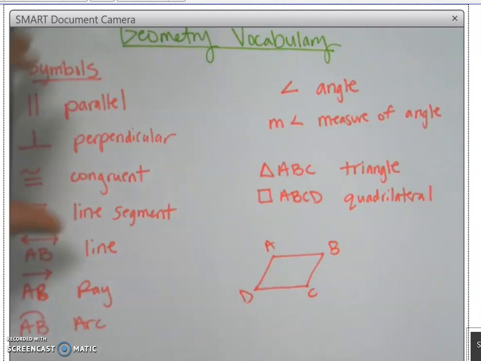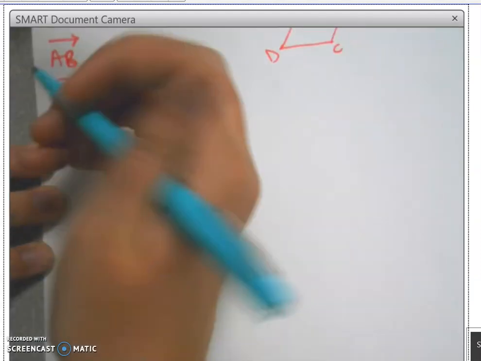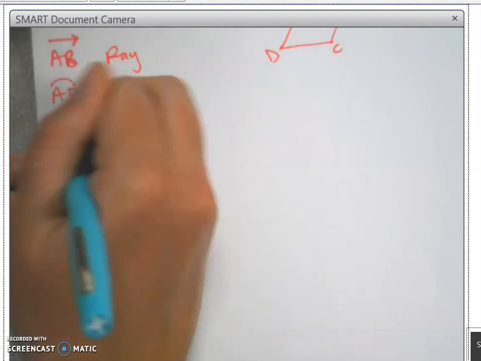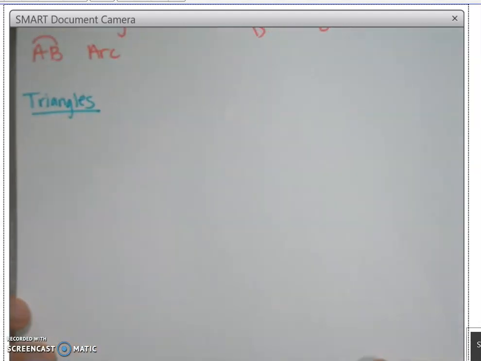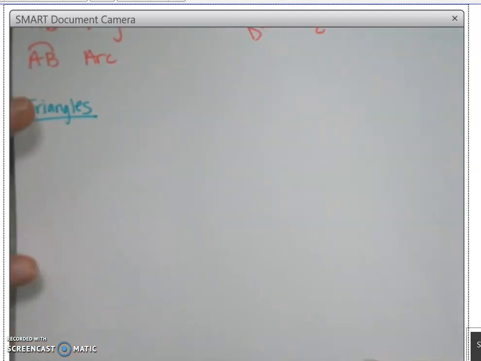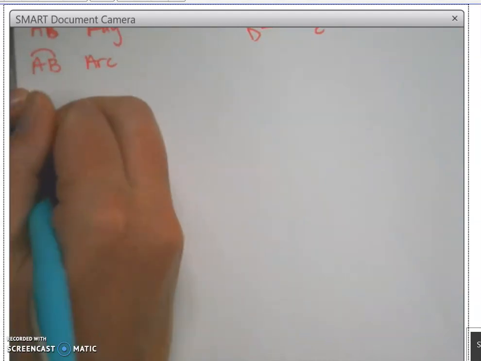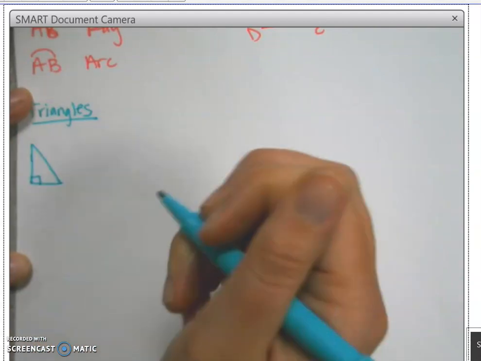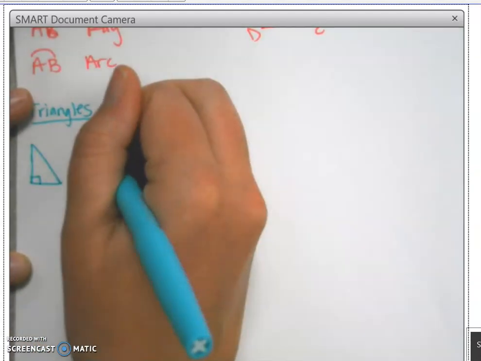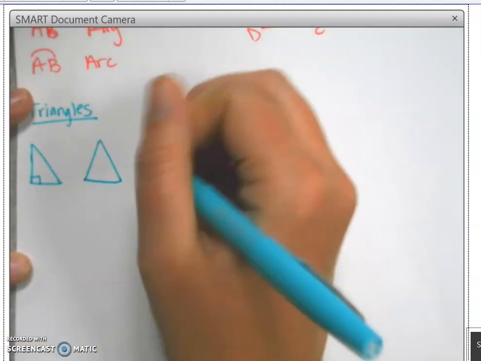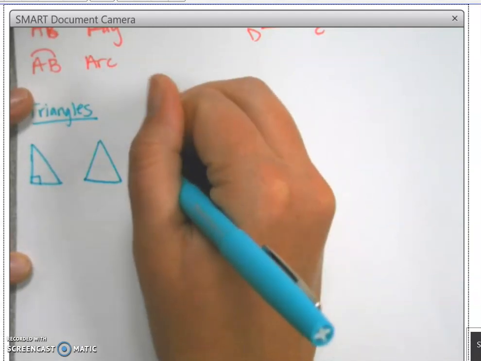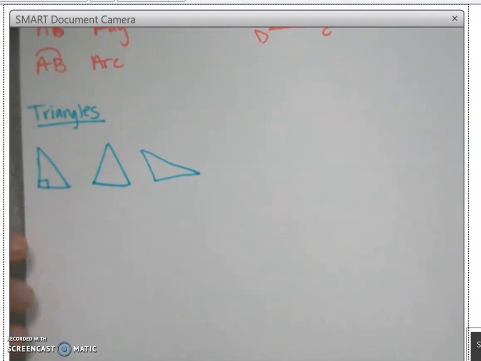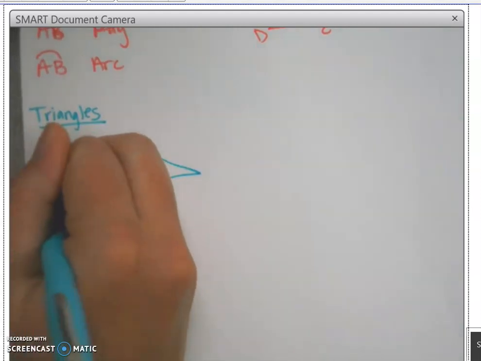The next thing I want to get into are the different types of triangles. So there are triangles, such as this. And these are all identified based on their angles. So this is a right triangle. It has a right angle in it.